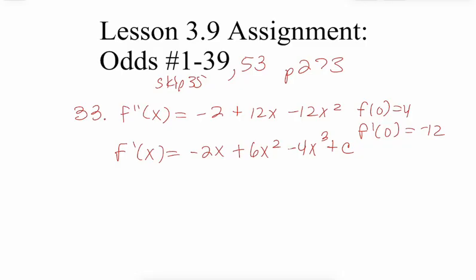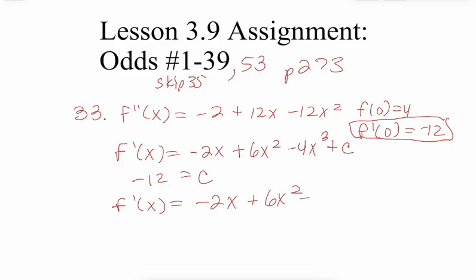Now, before we move on, we're going to use this information. If I plug in 0, I better get 12, right? So I know 12 has to be my C.